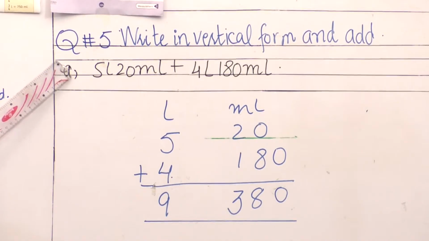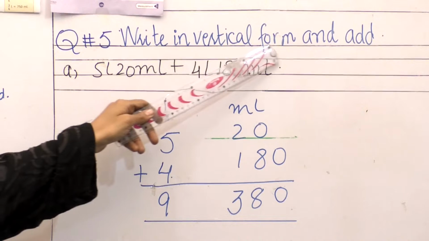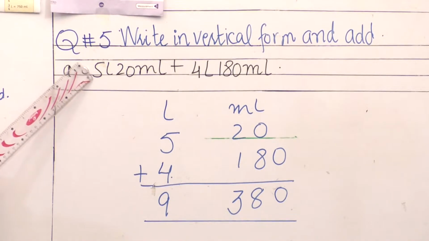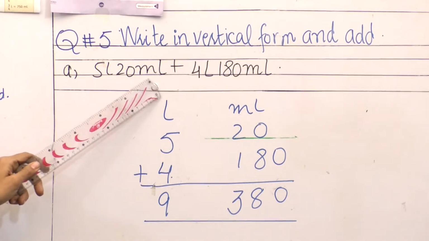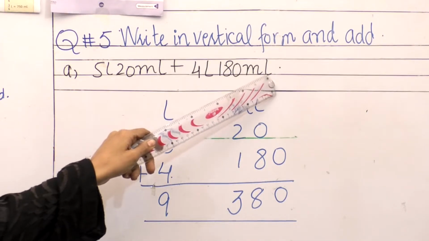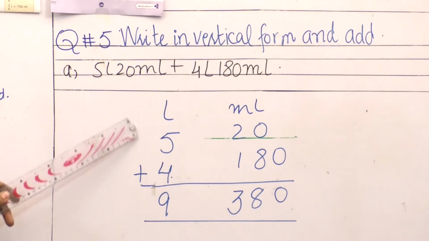Students, come to question number 5. The question is, write in vertical form then add. We have to add 5 liters, 20 milliliters plus 4 liters, 180 milliliters. The first step is to write these values vertically.